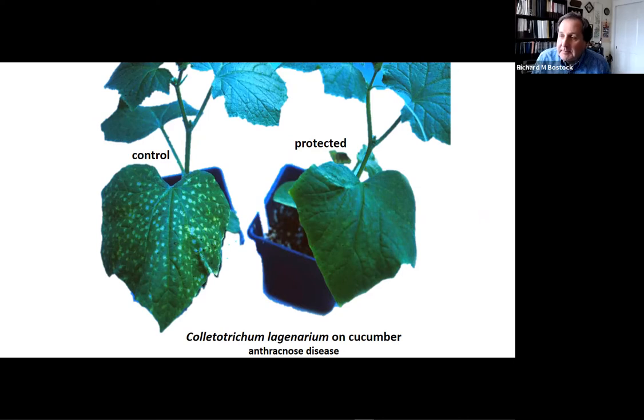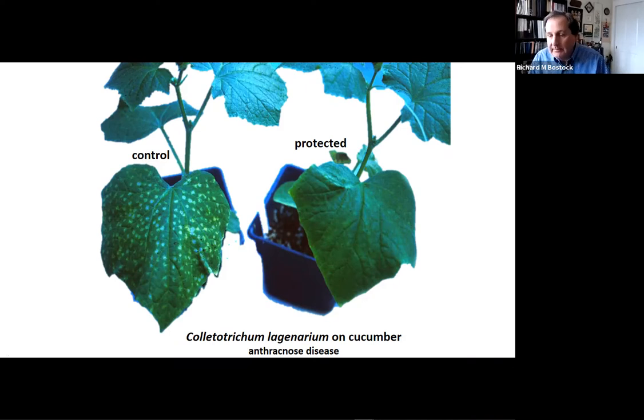And what colleagues of mine did in that lab, they could show in cucumber, which was a good model system, and we scientists like to think of model systems in order to show things experimentally. But in cucumber, challenged by the anthracnose fungus, Colletotrichum lagenarium, you could show this same phenomenon.